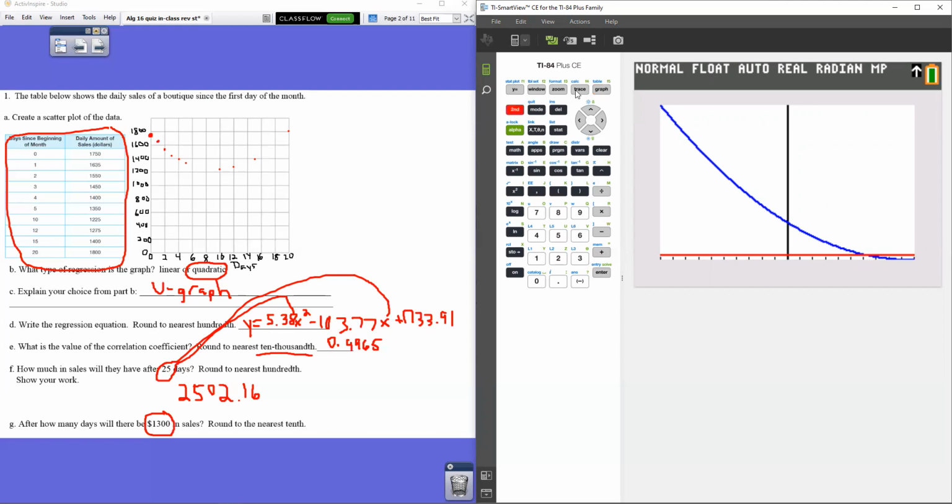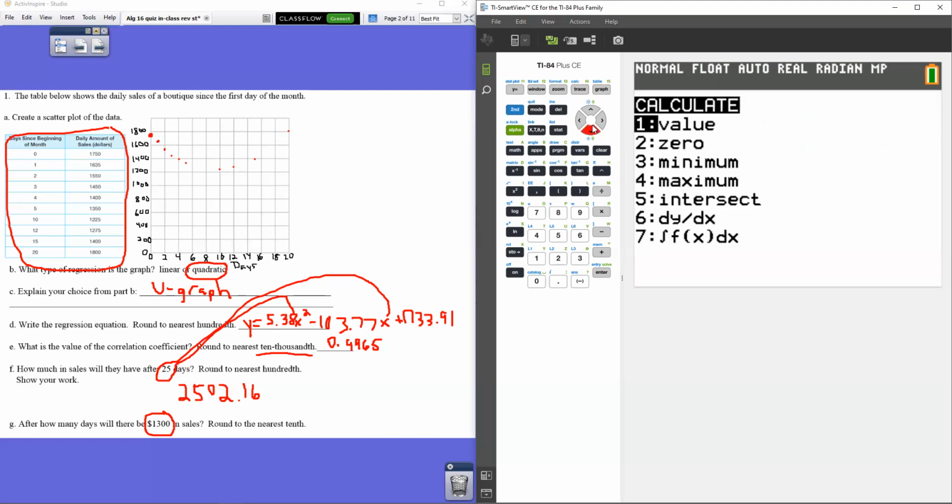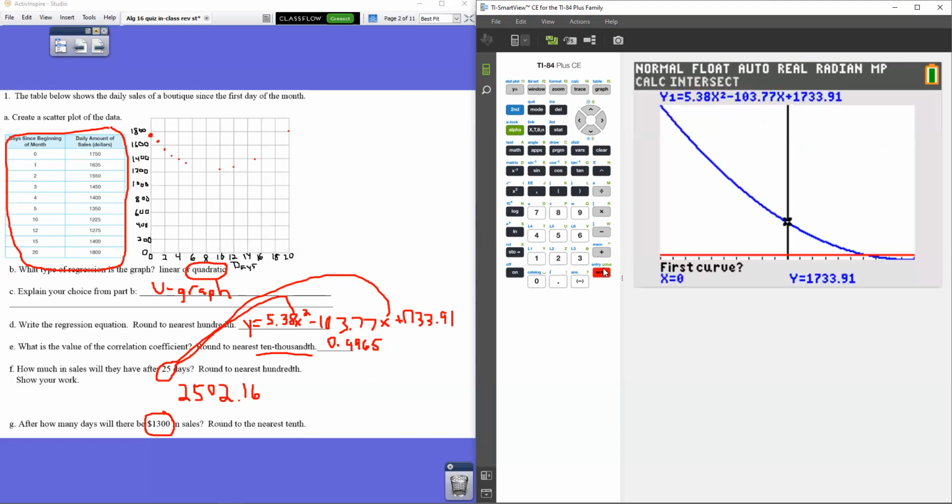So I'm going to go to second and calc. I want to find the intersection point of those two. So 5. And then first curve, yep, it's on the blue one. Second curve, yep, it's on the red one. Guess, hit enter again. And notice that my x value now says 6.129. So rounded to the nearest tenth, this would be 6.1.